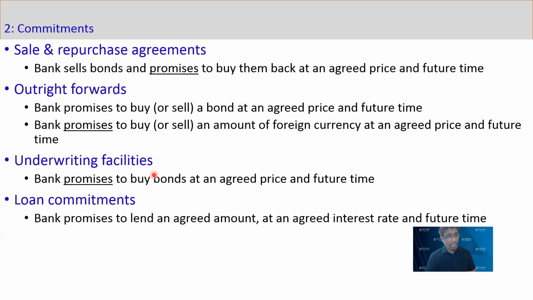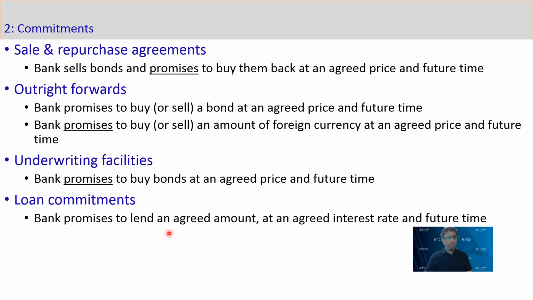After 1 year, they hand the issue to the underwriter, which is usually a bank, and receive the money. So between this year and the next year, when they start to issue it, this becomes a promise, and this promise becomes a commitment because you are committed to buy it. When you buy it, it will be in the balance sheet.